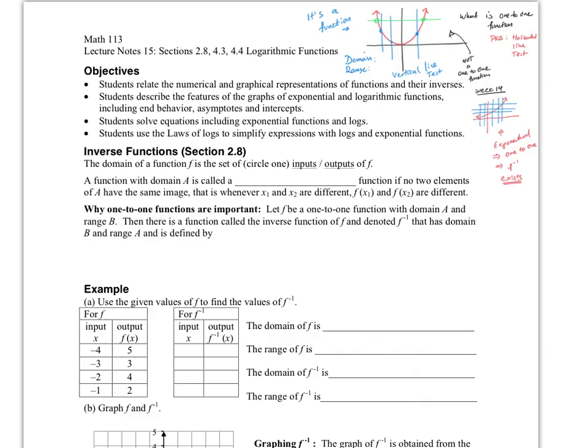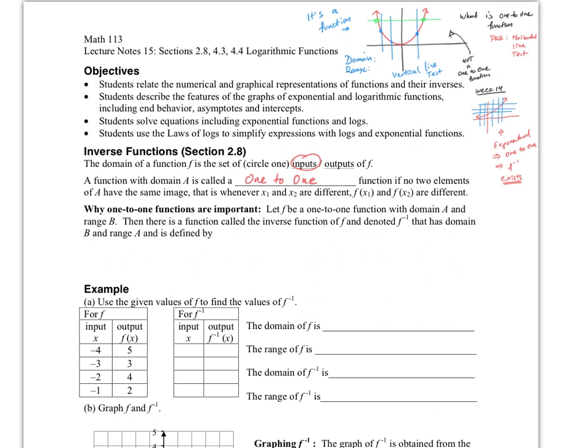All right, so now let's look at this part in a more formal setting. The domain of a function f is the set of all the inputs of f. A function with domain A is called one-to-one if no two elements of A have the same image.